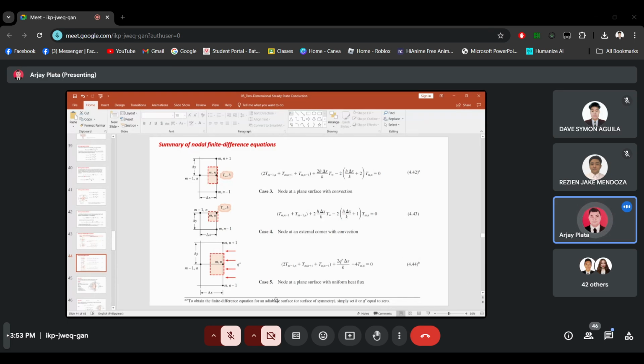By the way, I already provided you the practice problems aside from the problem sets. The practice problems will help you enhance your skills in problem solving. It will also help you understand better the different concepts in heat transfer that we have just discussed. It includes two-dimensional and one-dimensional heat transfer. It will be a great advantage if you solve the practice problems.